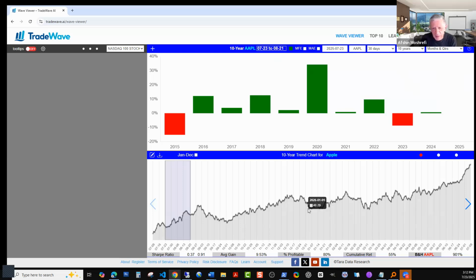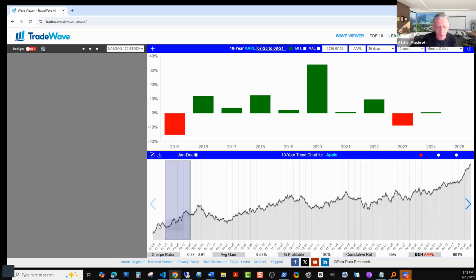What is this one below? This is what I call the trend chart. What the trend chart does is take every single one of these years, an entire year, 365 days of stock data, and average them together. It does something mathematical called detrending, which is not important for you to know, but it averages.